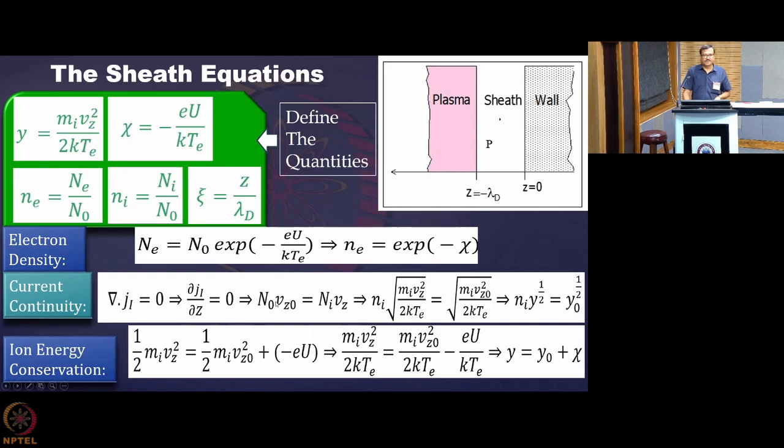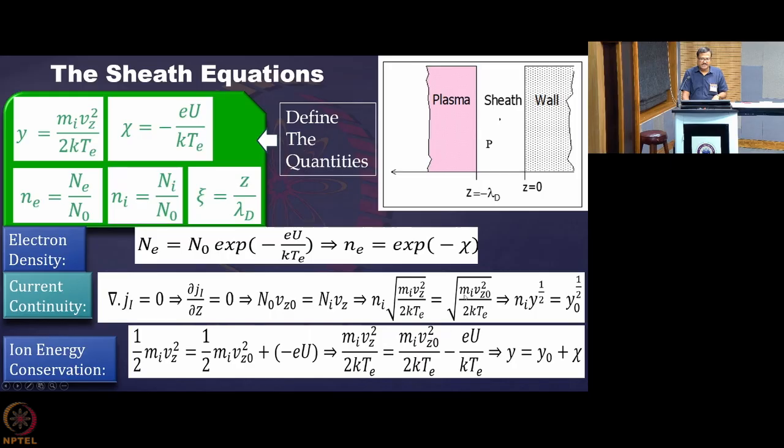Here Vz0 is related to kinetic energy as Mi Vz square by 2 kTe. We write Vz as the square root of Vz square, and Ni we divide by N0, so this becomes small ni. On both sides we multiply this term, root over Mi by 2 kTe, with the square root of Vz square on one side and the square root of Vz0 square on the other.